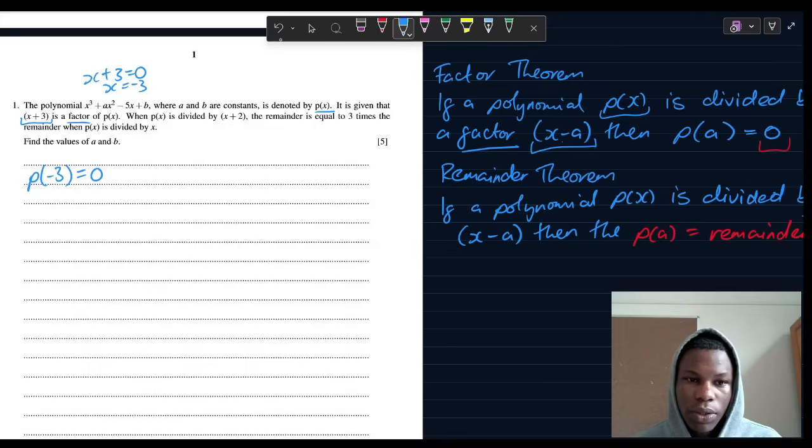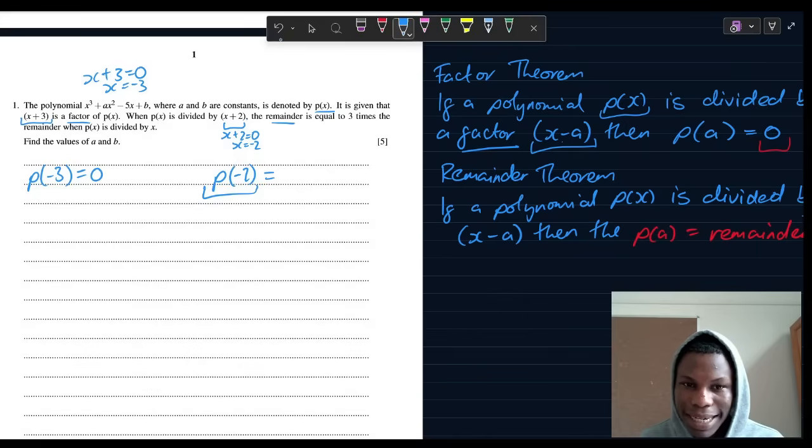And then we're also told that when p of x is divided by x plus 2, we're going to get information about whatever makes this bracket 0, that's going to be x is negative 2. So according to the remainder theorem, this p of negative 2 has to be equal to whatever the remainder is.